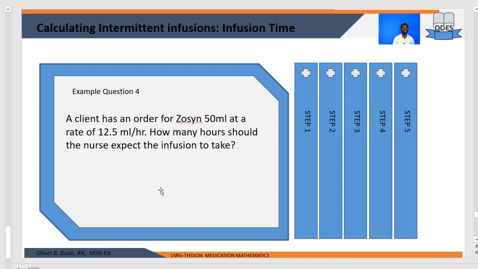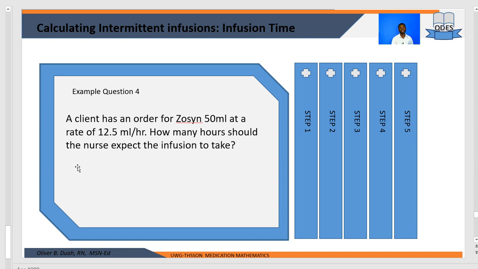How do we find the amount or the infusion time, or the amount of time that the medication is going to take to infuse? Well, we are going to use the same formula method that we have been using.